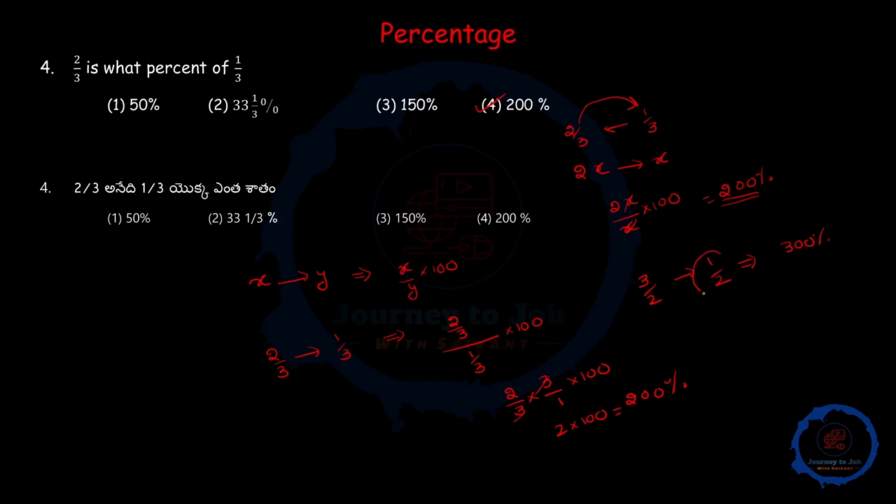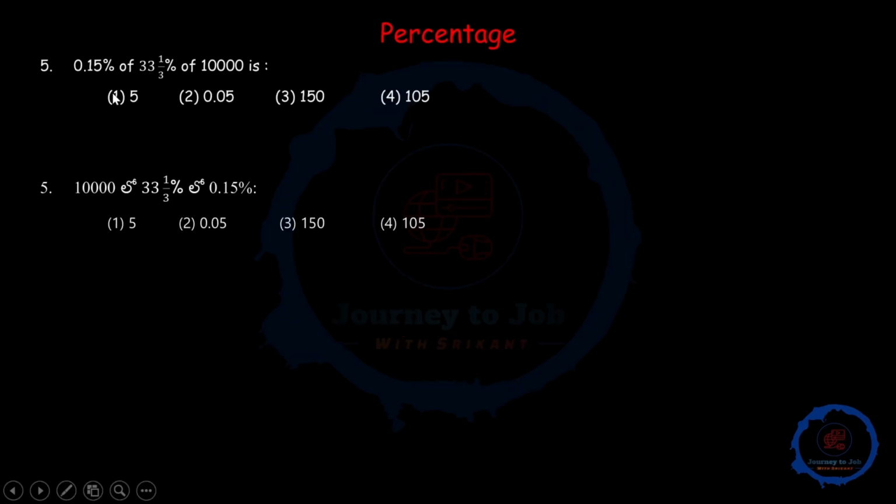See, this is x and this is 3x. So 3x is what percent of x? 3x by x into 100, x gets cancelled, this is 300%.